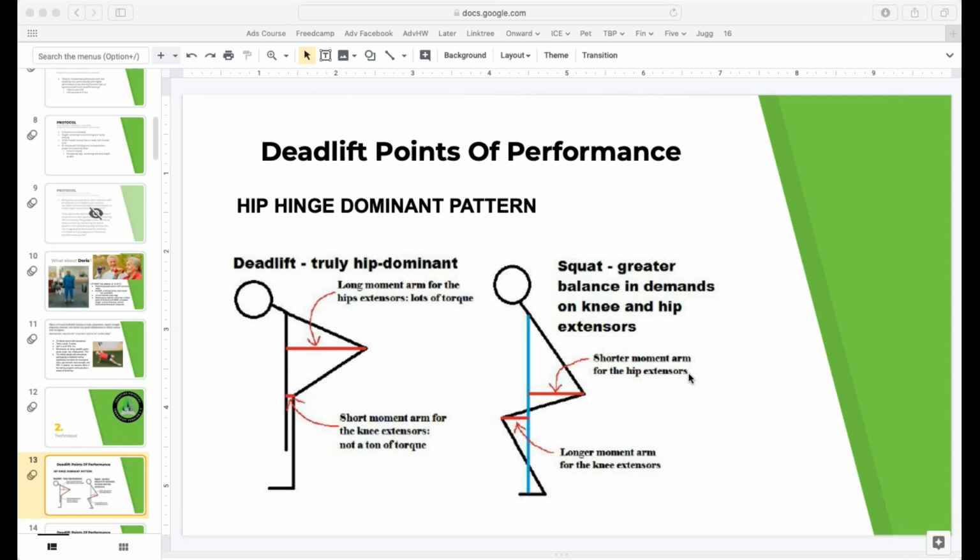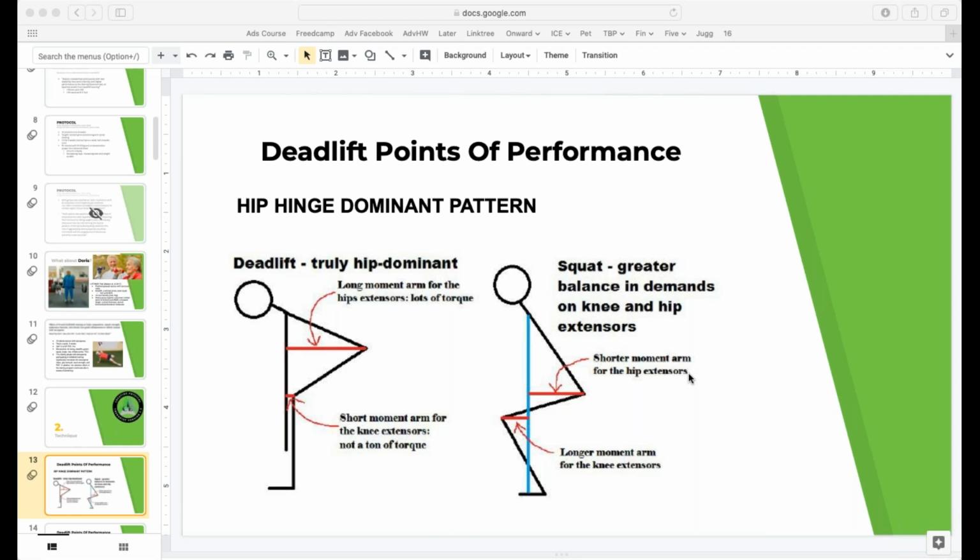To make that simple, we see the hip joint move significantly more than the knee joint. In the squat, we see both the hip and the knee move significantly. And that's a big difference because we're going to see a lot of individuals when it comes to performing the deadlift, especially those from maybe a CrossFit population, that get really squatty in their deadlift and don't hip hinge quite as much as we'd optimally like to see.